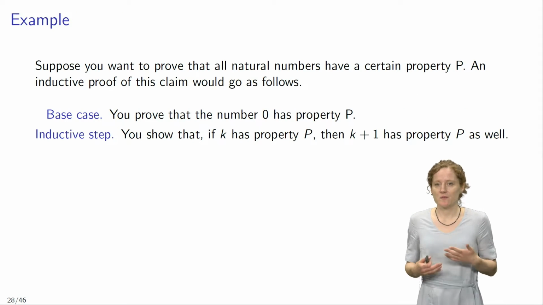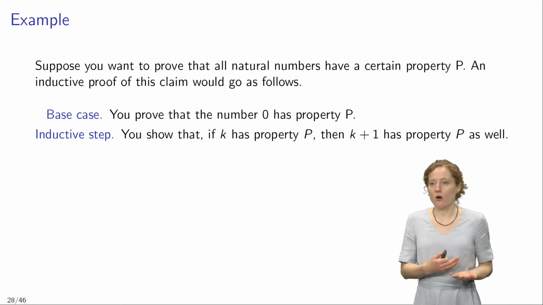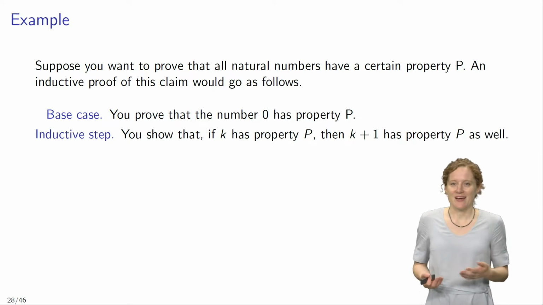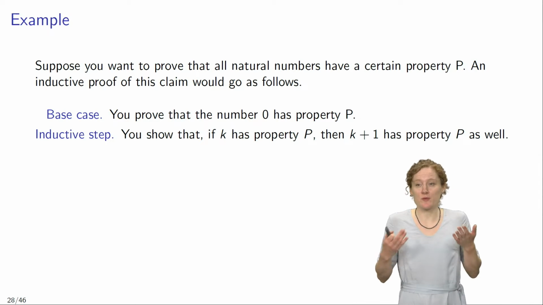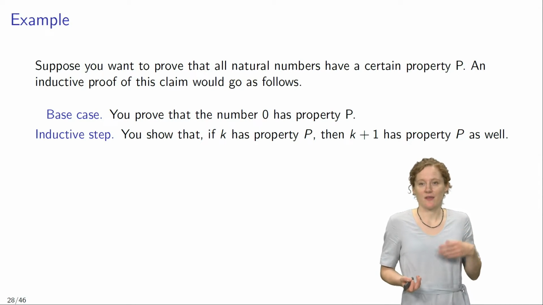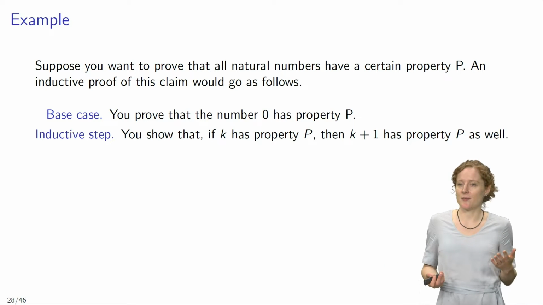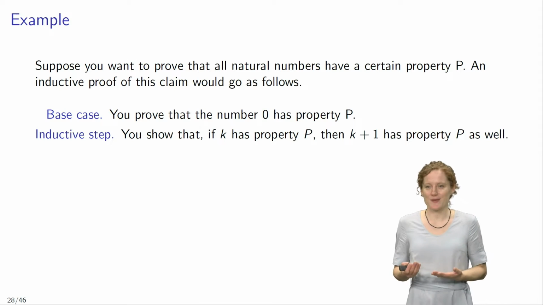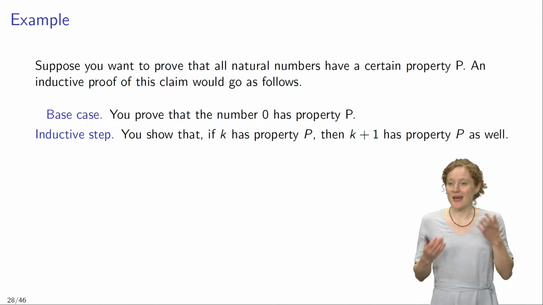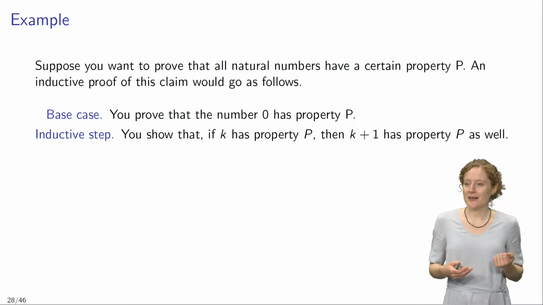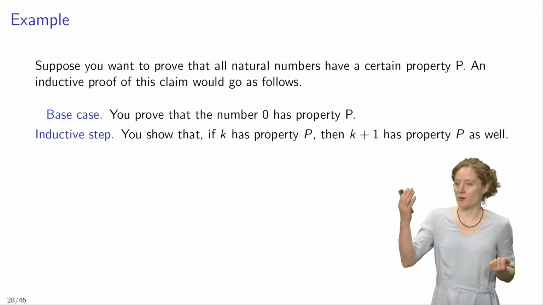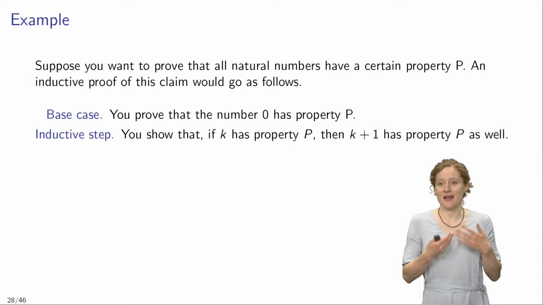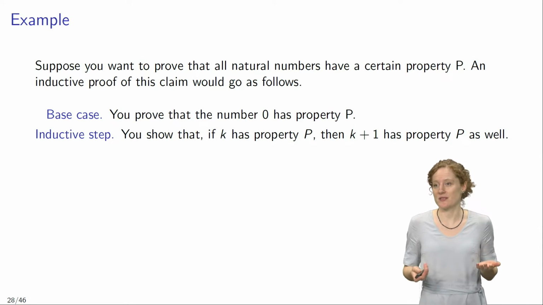So for example, suppose that you want to prove that all natural numbers have a certain property P. An inductive proof of this claim would proceed in two steps. In the base case, you prove that the number 0 has property P, and in the inductive step, you then show that if number k has property P, then number k plus 1 has property P as well. And so that then entails that every natural number has the property P.